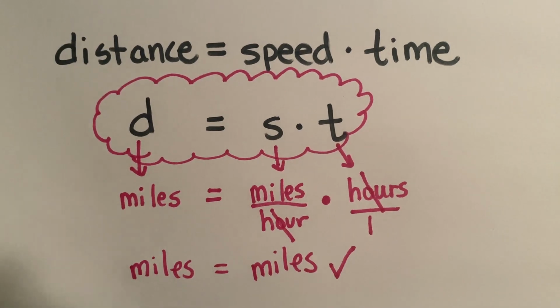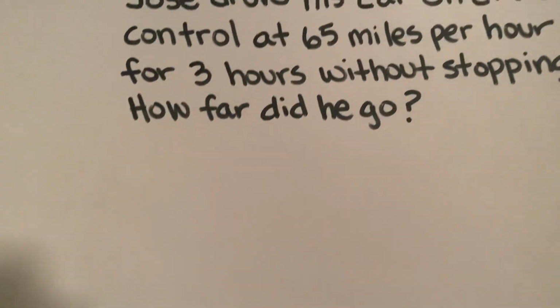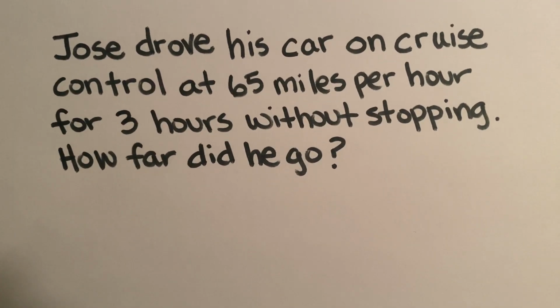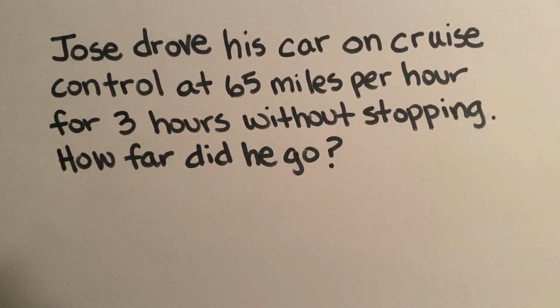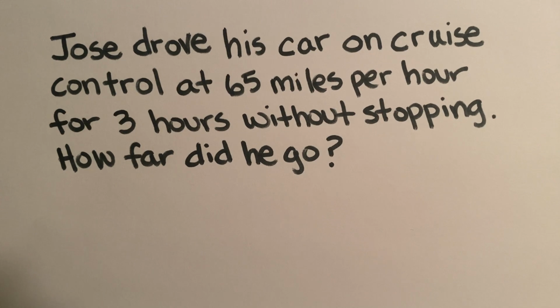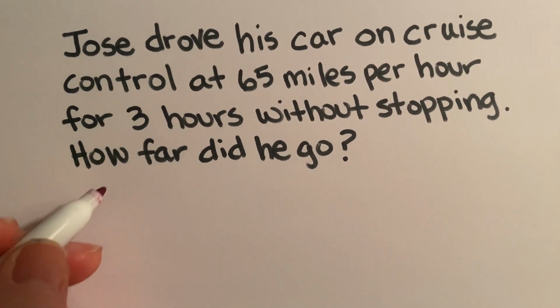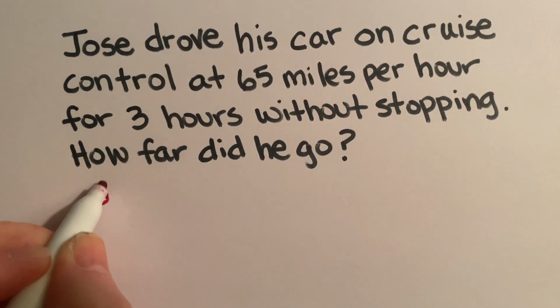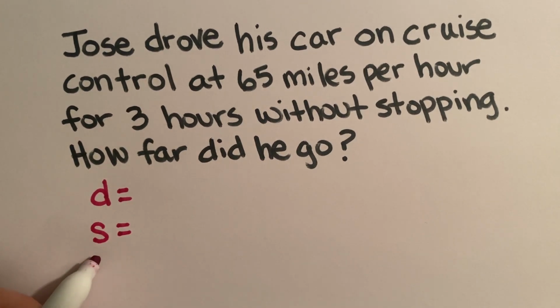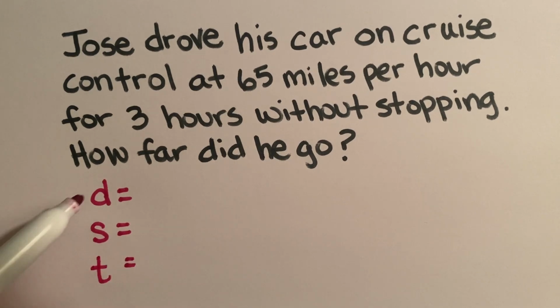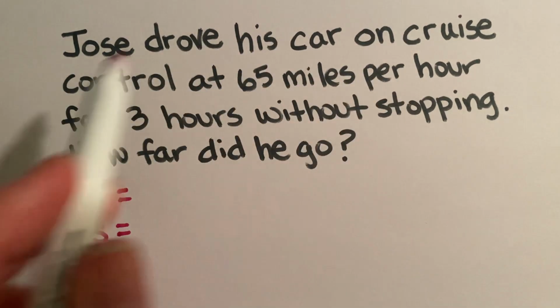Now we're going to do 2 examples, the first of which is going to be right here. So the example says, Jose drove his car on cruise control at 65 miles per hour for 3 hours without stopping. How far did he go? So because the 3 variables in our equation are D for distance, S for speed, and T for time, I want to see which of these I'm actually given in the problem.